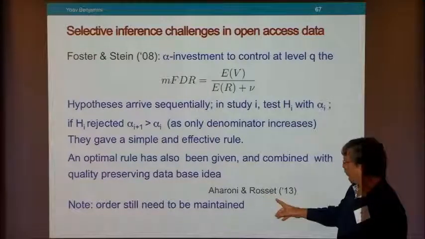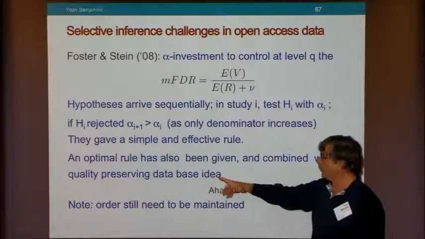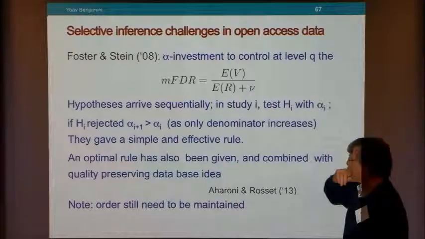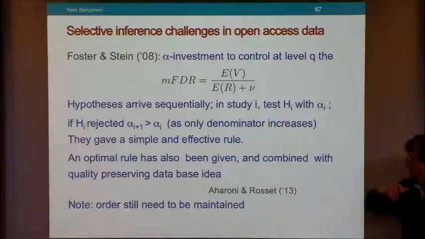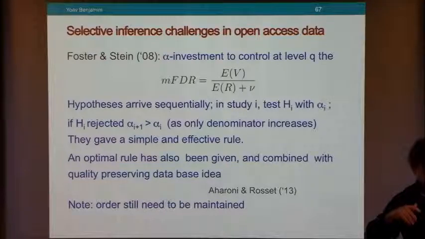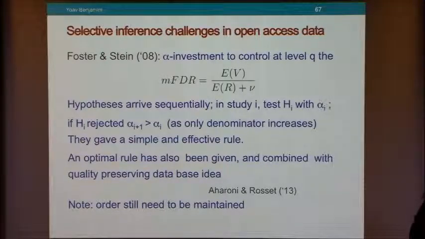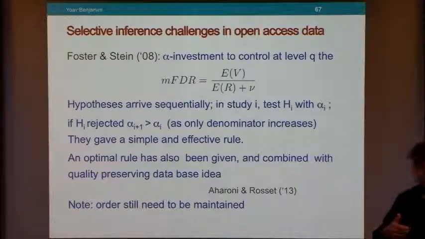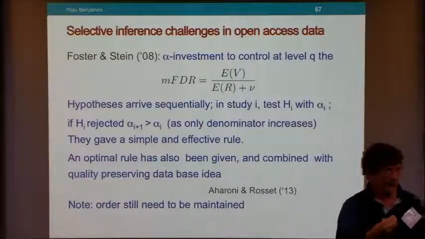And in fact, Aharoni and Rosset just recently suggested an optimal rule for that, and in fact combined it with a quality-preserving database idea, that if you go and analyze the database, you have to contribute some new cases. And they showed that if you do that, you don't have to contribute many cases.